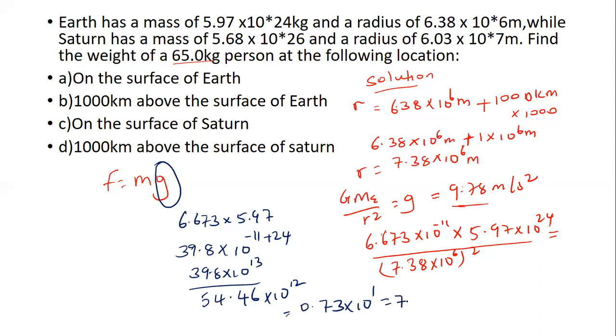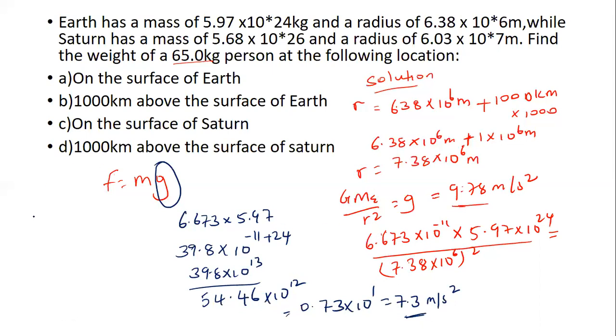So this is directly 7.3. Because you've got 0.73 times 10, that gives you 7.3 meters per second squared. So that is the force of gravity around 1,000 kilometers above the Earth.